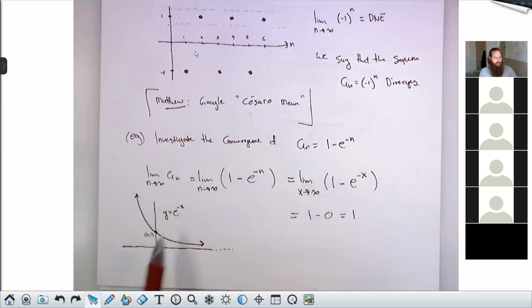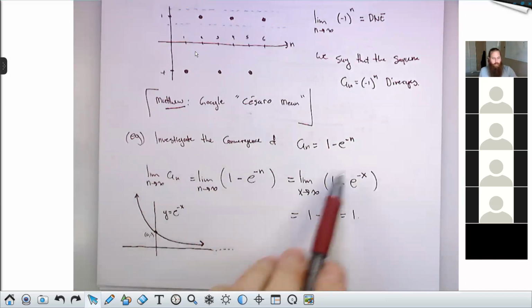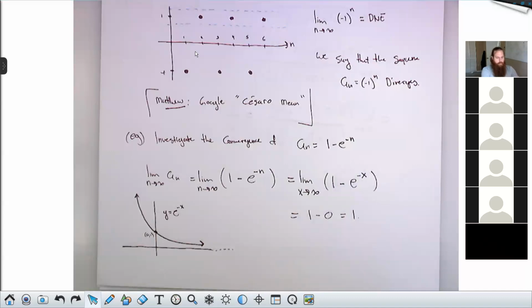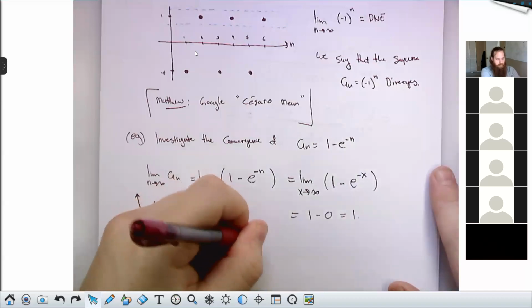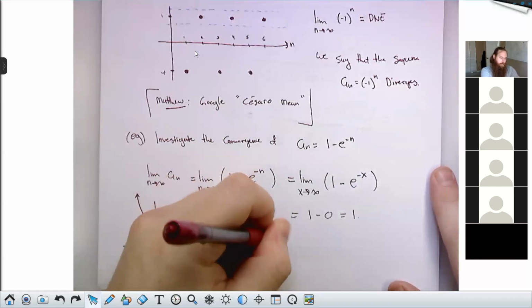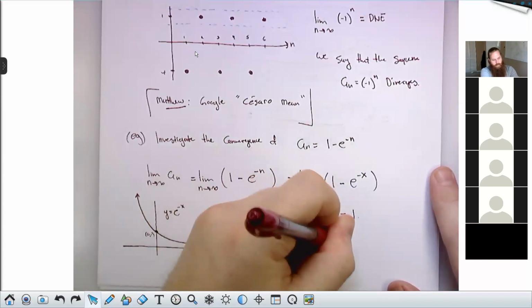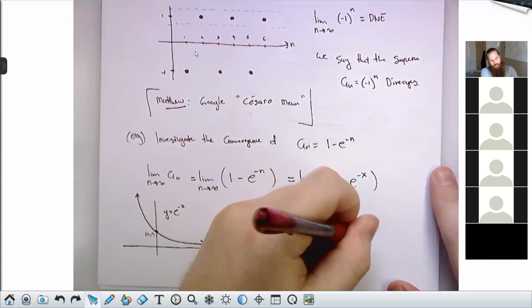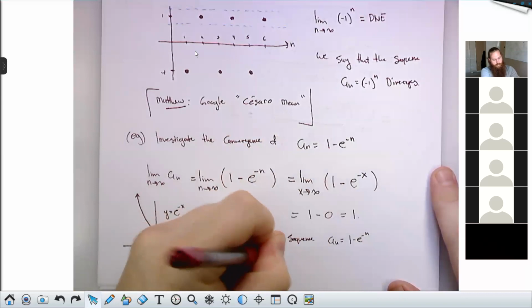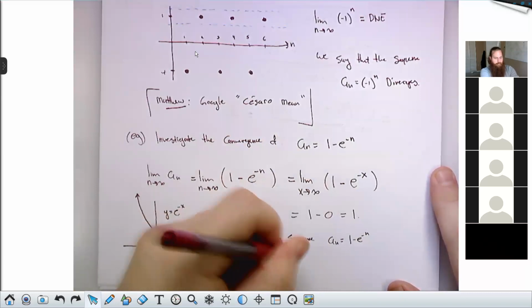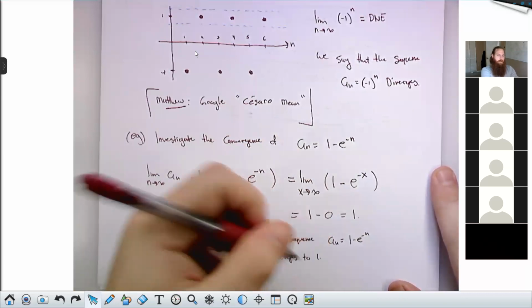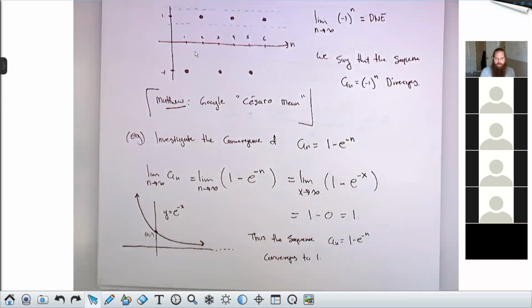And then I just graphed here the e to the negative x part because I know what that part looks like, and that's the only part that makes this hard. So I would say that the sequence 1 minus e to the negative n converges to 1.